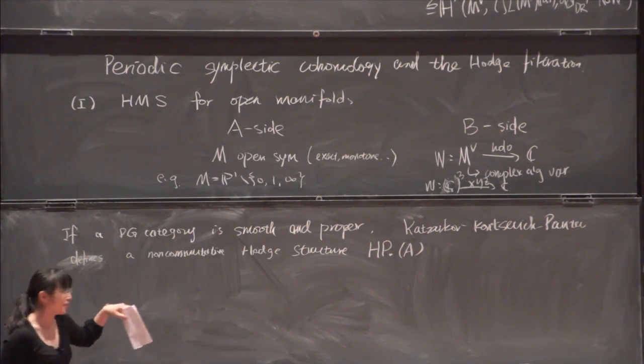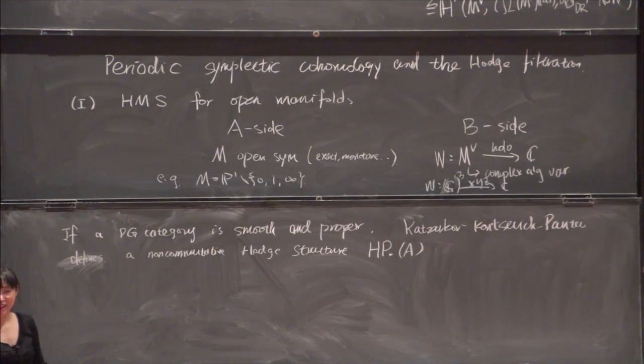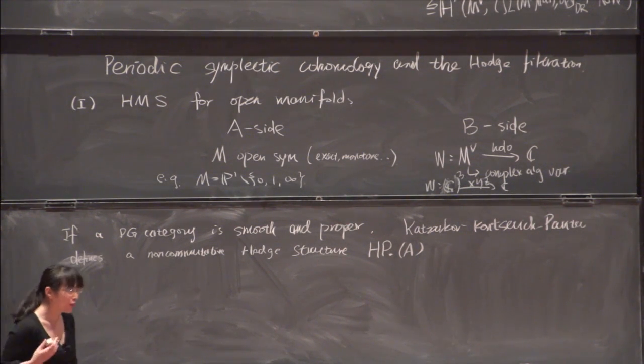So their notion of non-commutative Hodge structure has twofold data.